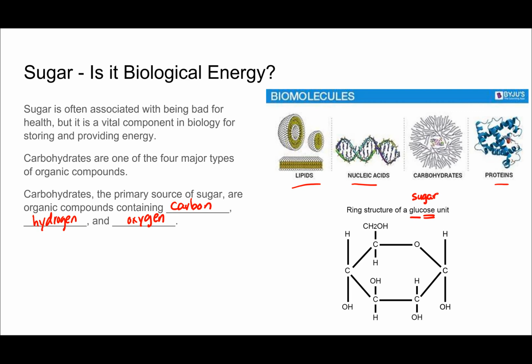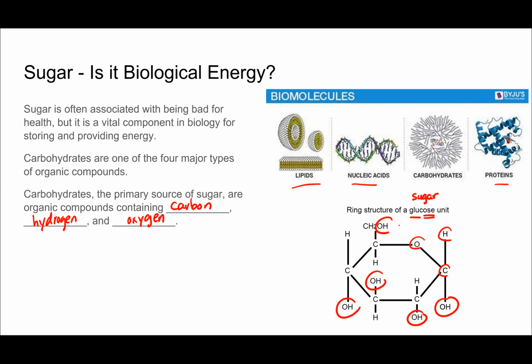Glucose is actually the most common type of sugar, and all simple sugars like this can exist in the form of a linear shape or a ring shape. So what you're seeing here is a ring shape of sugar, or glucose. You can see that it's made up of hydrogen, carbon, and oxygen. You can also see the functional group, the hydroxyl group, right here.